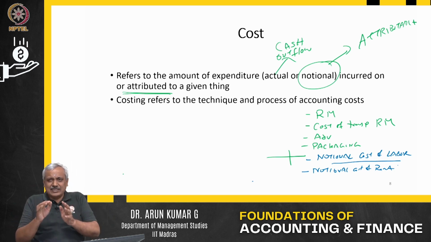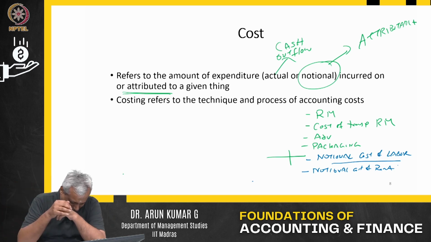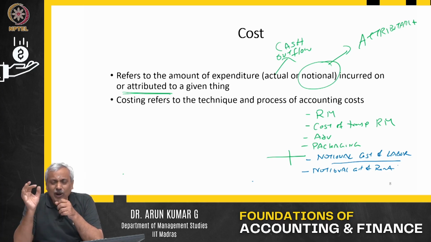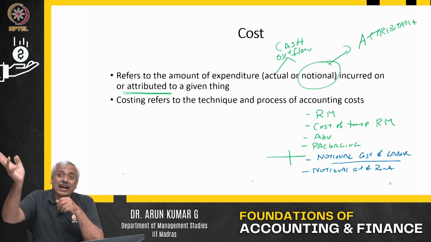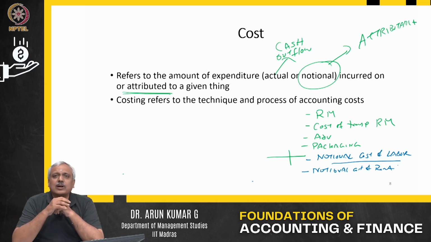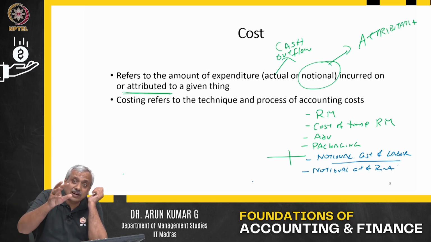For manufacturing this toy, I need a small industrial shed, shared space is what I will take. What is the cost of the shared space if I had taken it for manufacturing the toy? That is the cost that I will add here, notional cost. So, that is what is a notional cost.